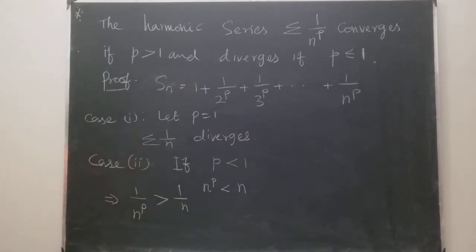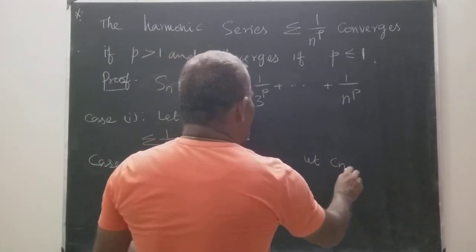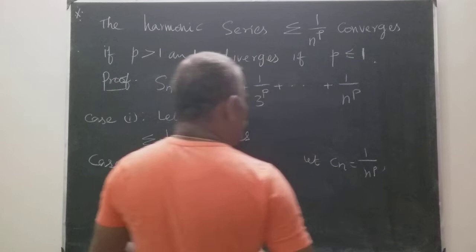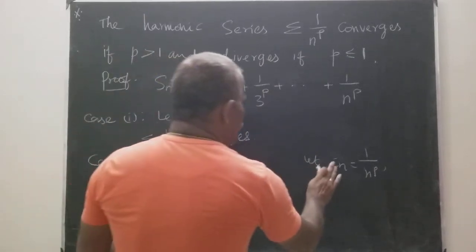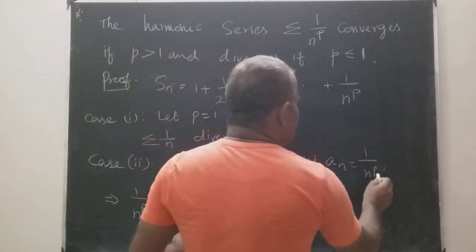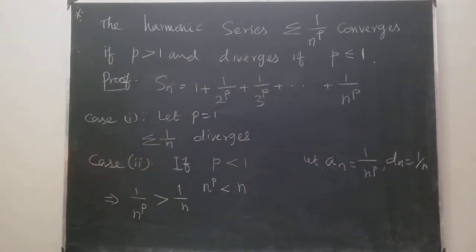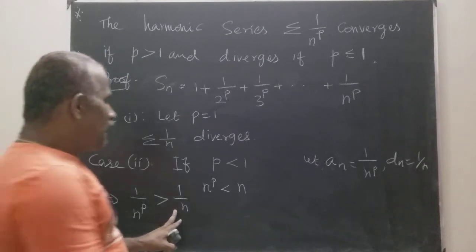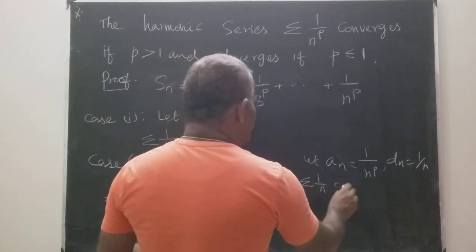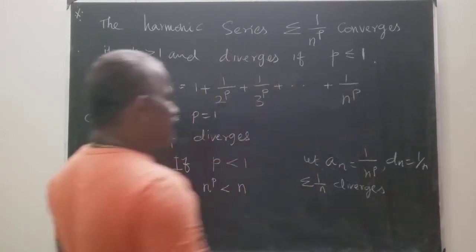Here, let An is equal to 1 by n power p, and Dn is equal to 1 by n. And we know that sigma 1 by n diverges.